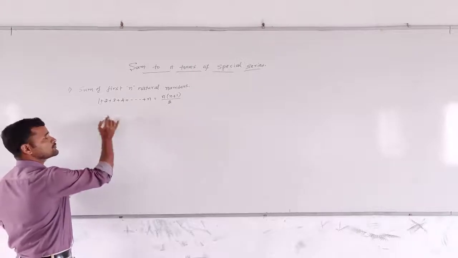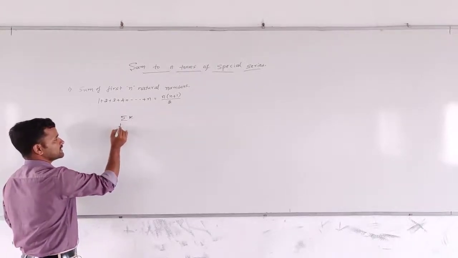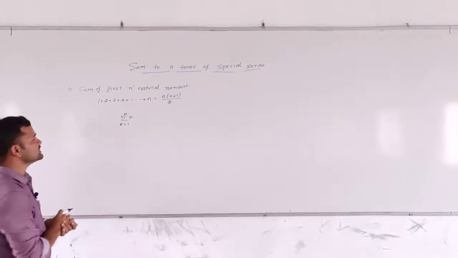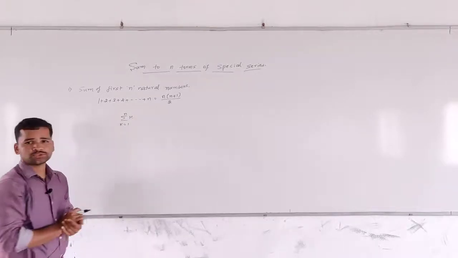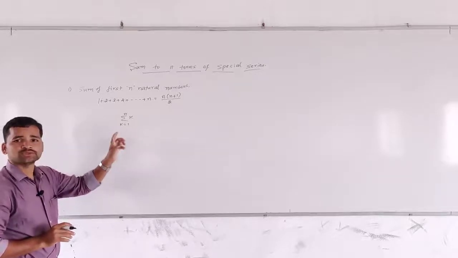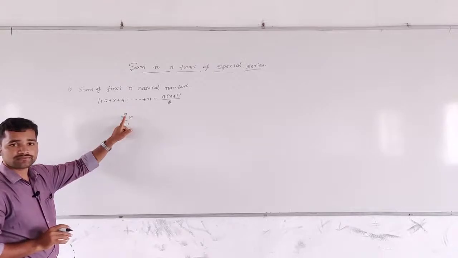And one more way of writing this is summation of k, where k varies from 1 to n. What does it mean? It means the same thing. k is taking the values from 1 to n. k takes 1 plus 2 plus 3 plus 4 and so on up to n.